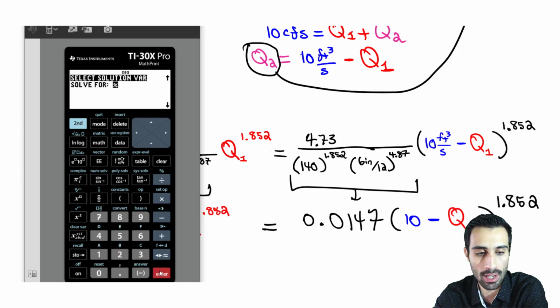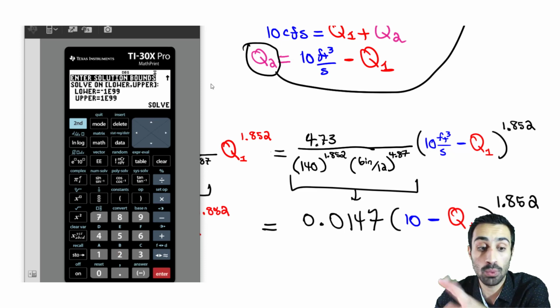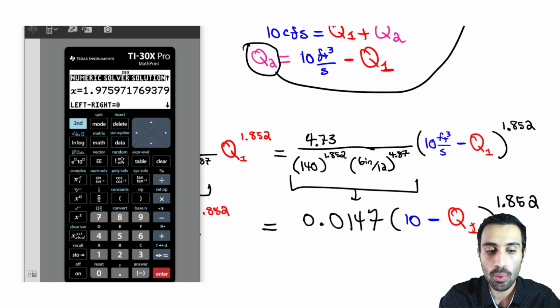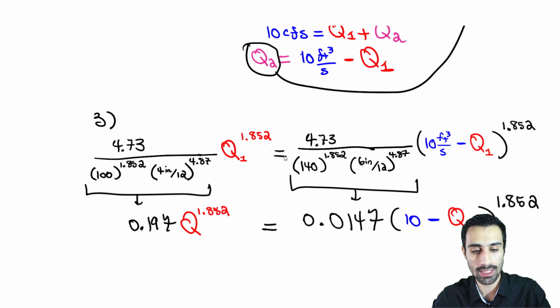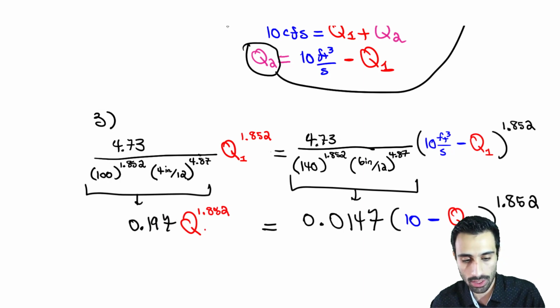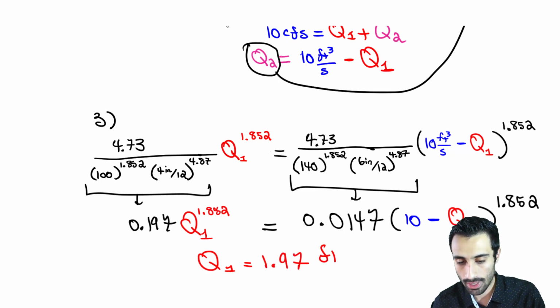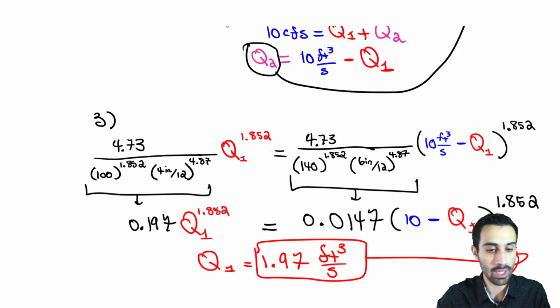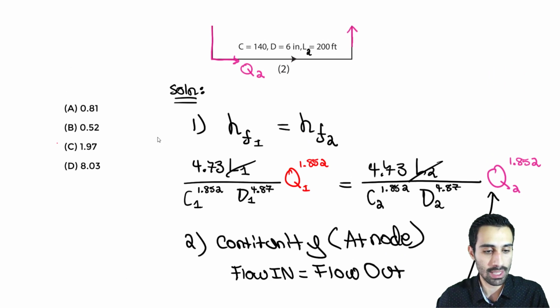So now enter, you'll solve for X, let it solve, and we should get that Q value, and we get it to be 1.97, which is essentially our Q1. So Q1 equals 1.97 cubic feet per second. So this would be our answer. And if we go above, we would pick C for that one.